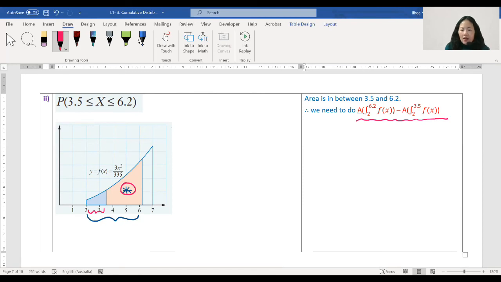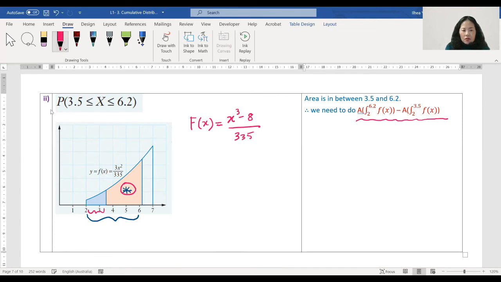Now again, we don't need to do the integration at all. What we got was the general formula that goes from the start to x. That was x cubed minus 8, over 335. So we got this formula, okay?